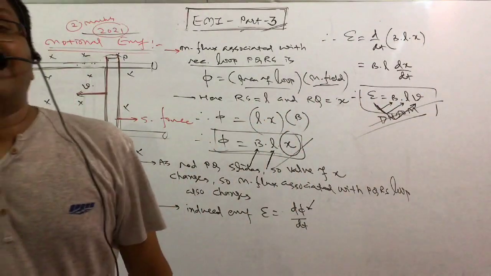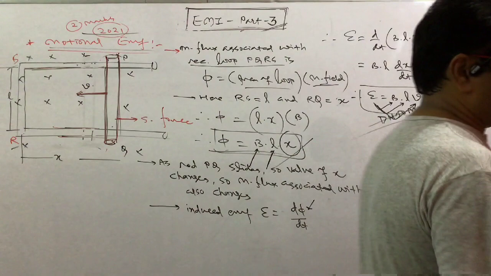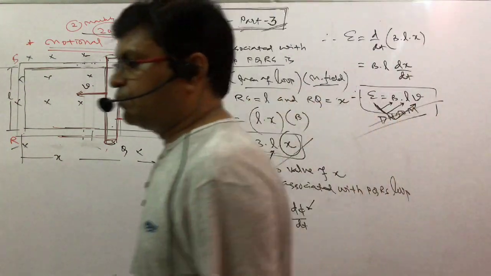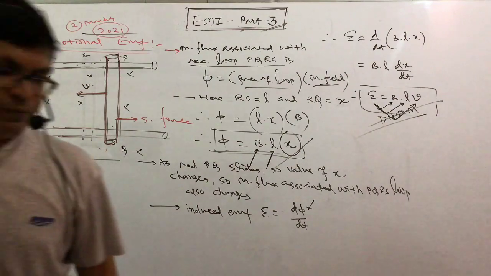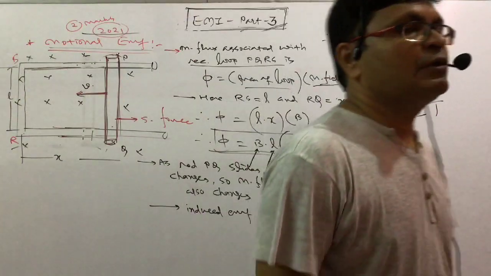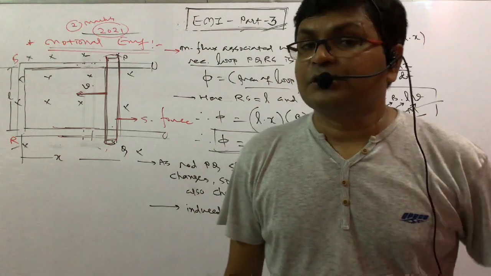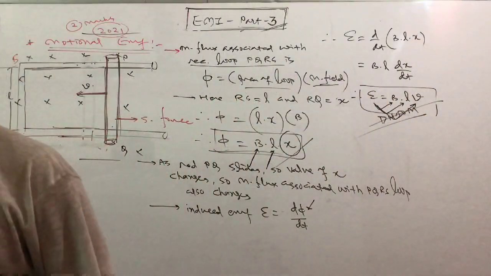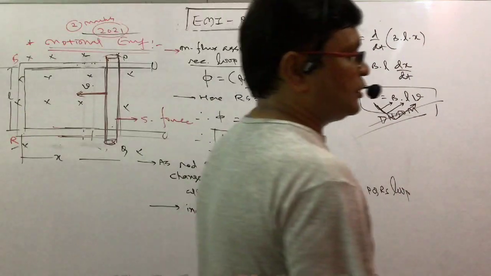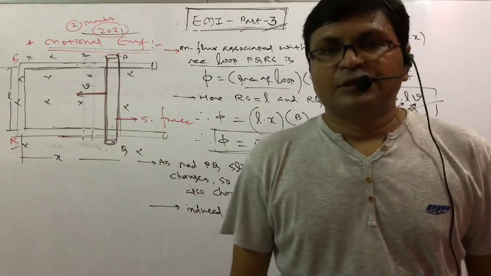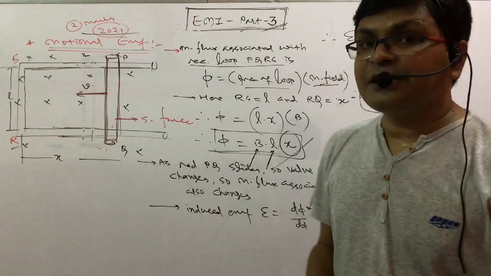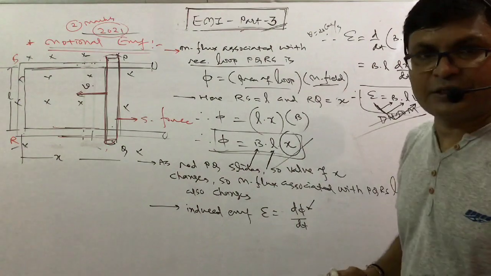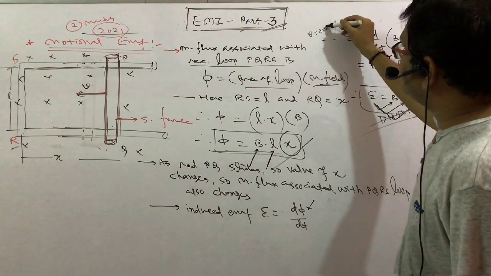Write down: a glass rod of length 10 centimeter passing through a magnetic field of 10 gauss with a velocity of 20 millimeter per second. I am giving typical data.